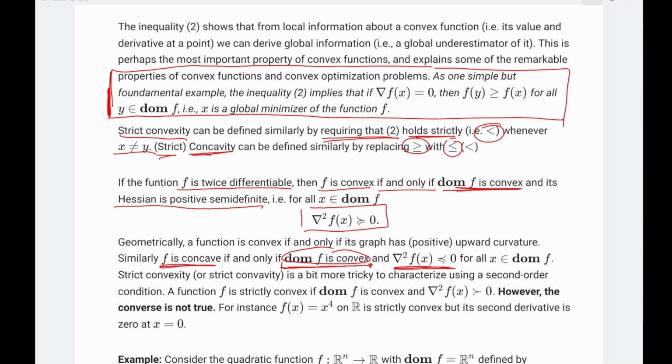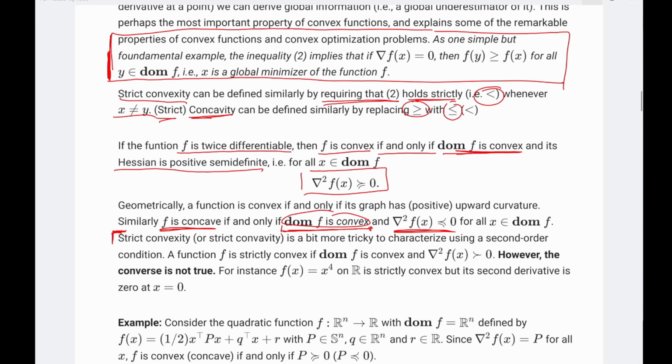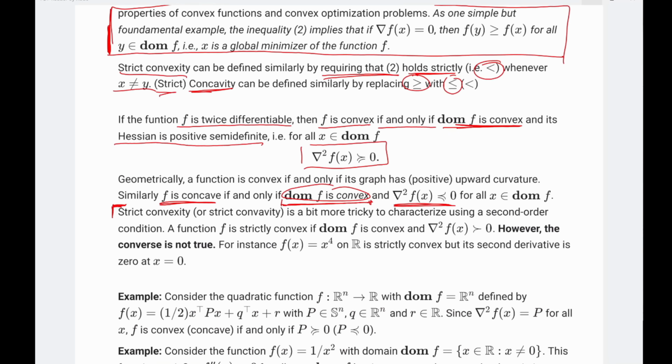Now, what we need to be careful about, and this is a warning, is that strict convexity and strict concavity cannot be easily characterized using a second order condition. In particular, a function f is strictly convex if the domain is convex and the Hessian is positive definite.